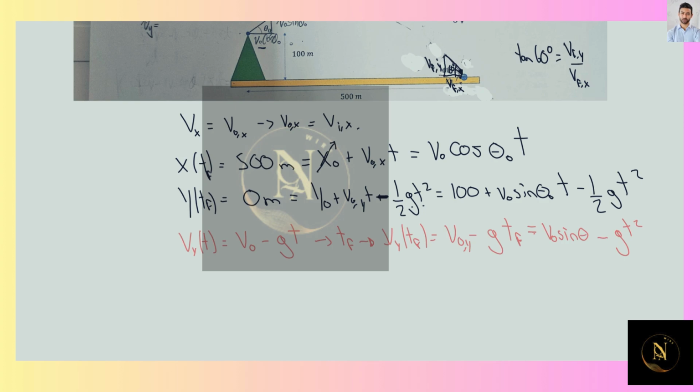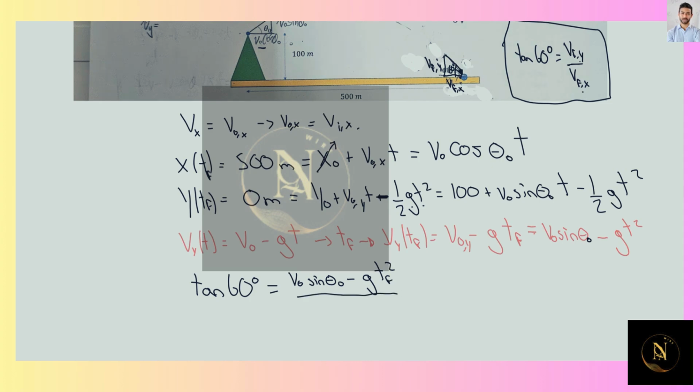So now let's begin by employing this condition over here, since this is going to be the angle at which we want to arrive at the target. So tangent of 60 degrees is going to be equal to the final velocity on y, which is v0 times sine of theta 0 minus gravity final time, over the final velocity on x, which is going to be equal directly to v0 times cosine of theta 0.